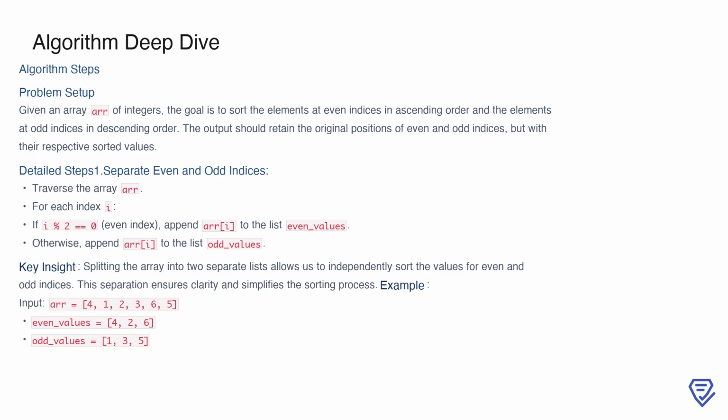This separation is critical because it allows us to focus on sorting each group independently without mixing their values. For example, if the input array is 4, 1, 2, 3, 6, 5, the even indices give us the values 4, 2, 6, and the odd indices give us 1, 3, 5. By splitting the array this way, we simplify the sorting process significantly.